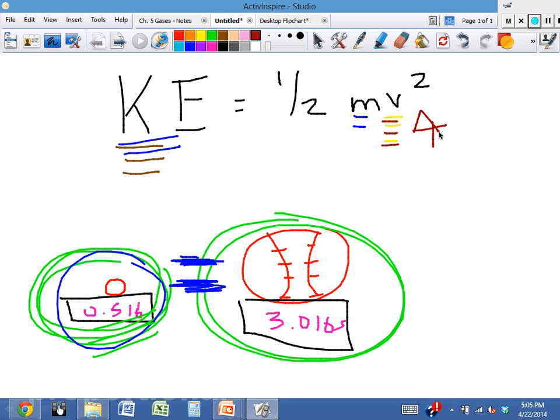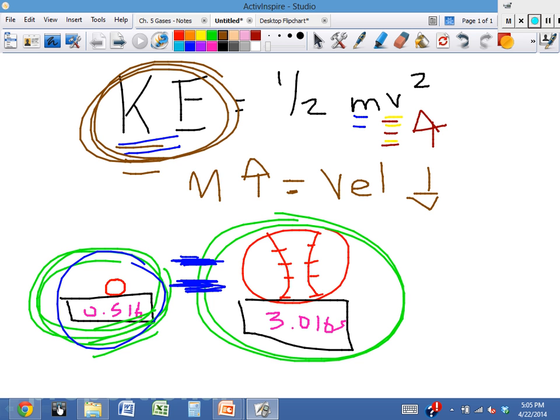So here's the relationship that I'm trying to get you to understand. As the mass increases, the velocity must decrease. So these two factors are interchangeable in terms that their ratios allow the constant, the kinetic energy, to be equivalent.